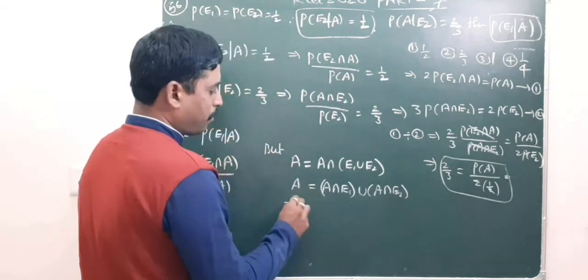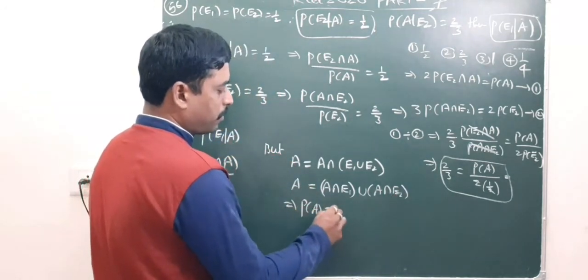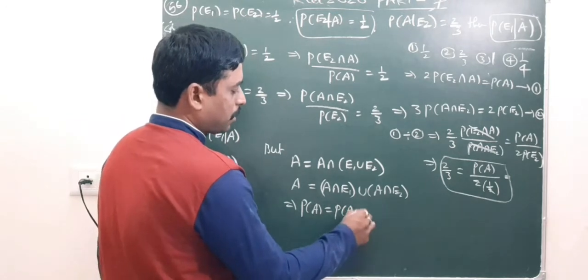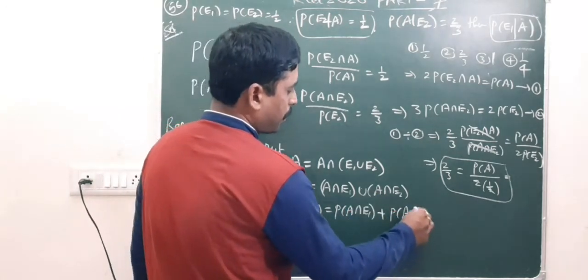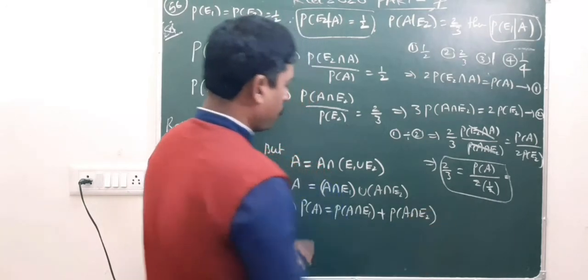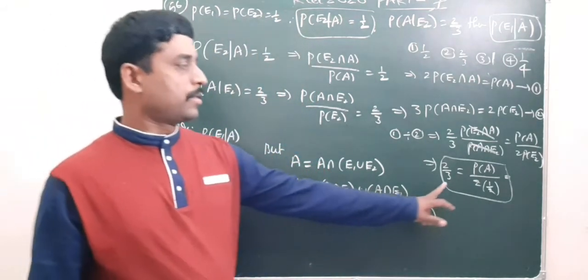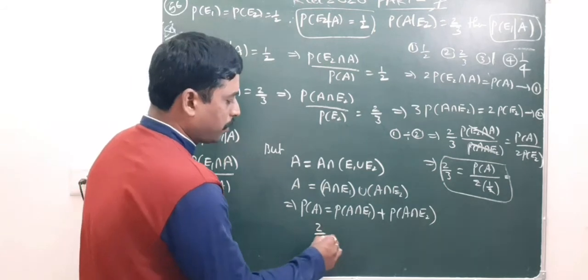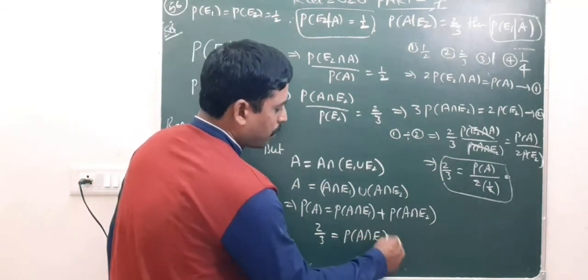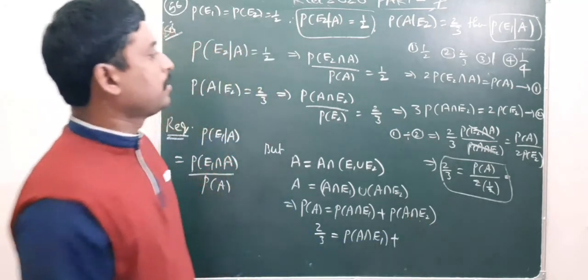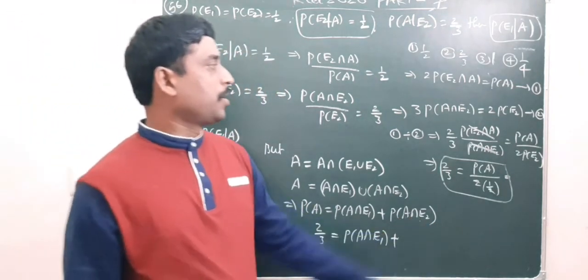So now applying probability on both sides, P of A is equal to P of A intersection E1 plus P of A intersection E2. P of A value we got is 2 by 3. So 2 by 3 is equal to P of A intersection E1, this is unknown, plus P of A intersection E2 value.